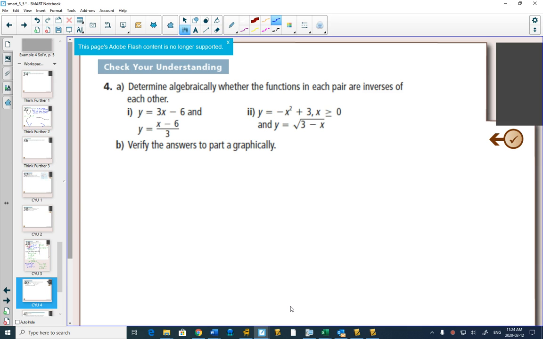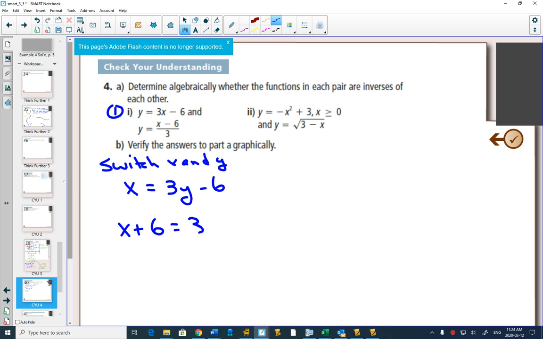So my first equation here is y equals 3x minus 6. If I switch x and y, I would get x equals 3y minus 6. Move the 6 over to the other side, divide by 3, and I get y equals (x plus 6) all divided by 3.